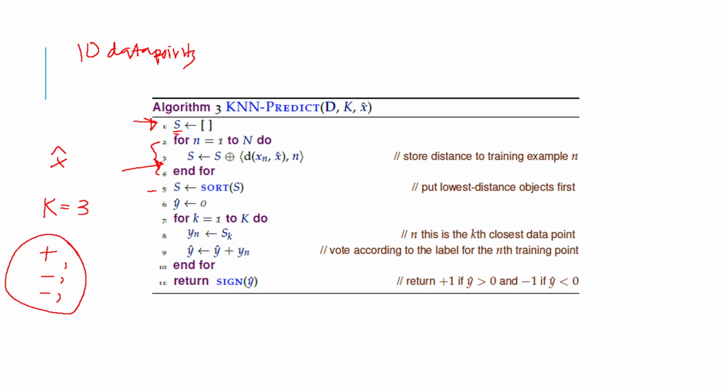And so in lines 7 to 9, it's just a simple trick to get the majority of votes.